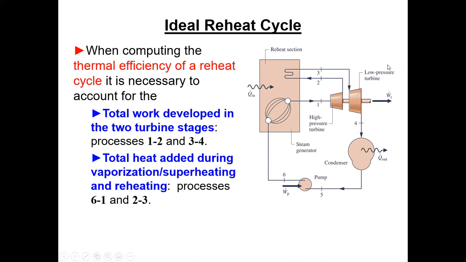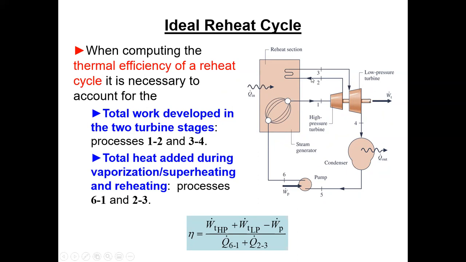So we also have additional processes in the boiler: 6 to 1 is the main steam heat addition, and 2 to 3 is the reheat steam addition. So our thermal efficiency is getting a little more complicated.